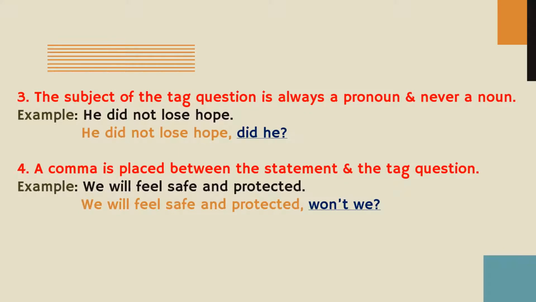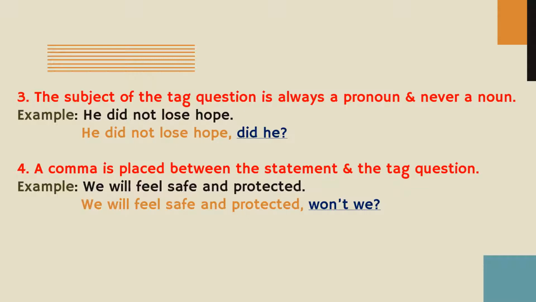Third one is the subject of the tag question is always a pronoun and never a noun. Example, he did not lose hope. In this sentence, he is a pronoun, as a pronoun is a word which is used instead of a noun.